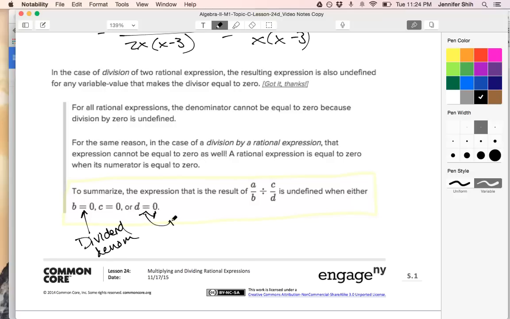D is the divisor denominator. And then the c value is the divisor numerator. And none of these three values can equal 0, otherwise the whole expression is undefined at some point. Okay.